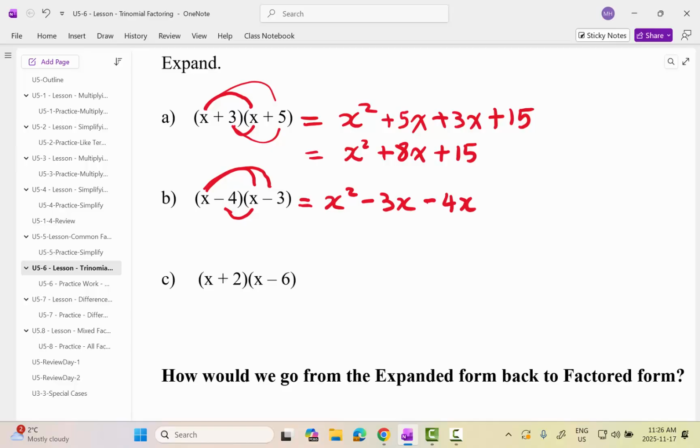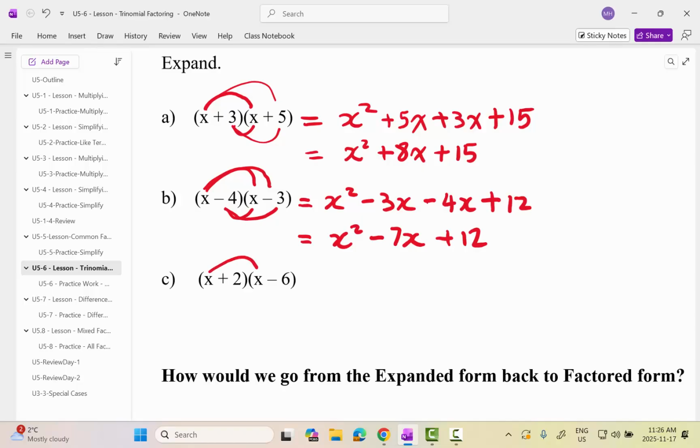And negative 3 times negative 4 gives us positive 12. And that we can simplify to x squared, negative 3x minus 4x gives us negative 7x plus 12. Did you get that answer? Yeah. All right, good.